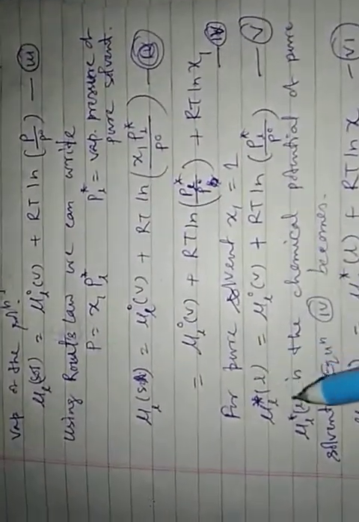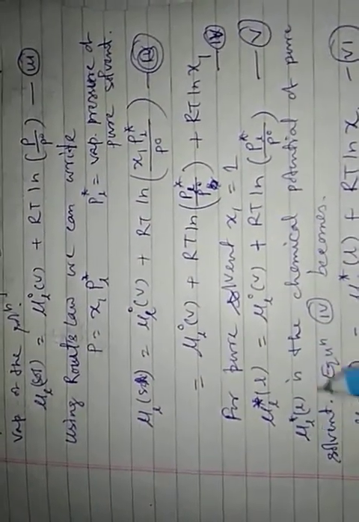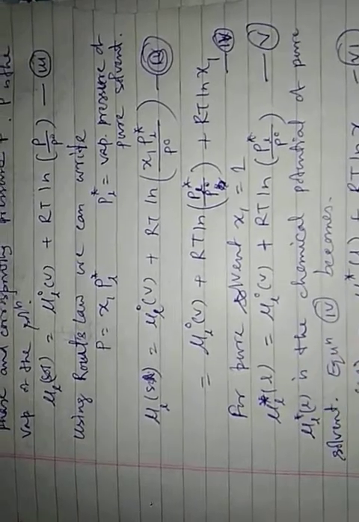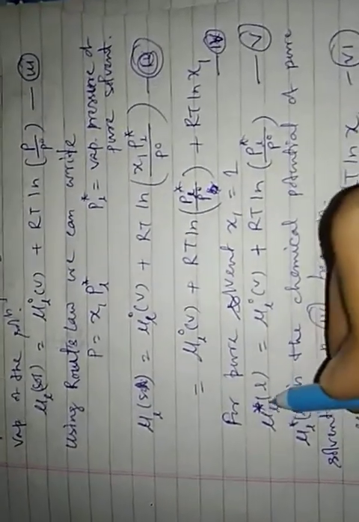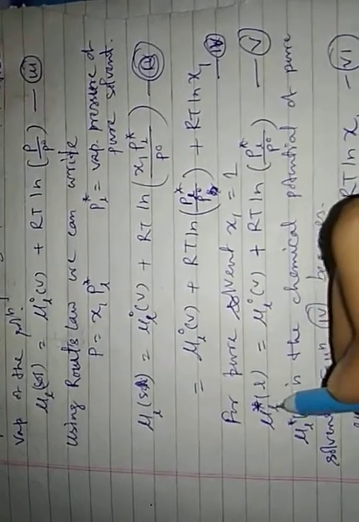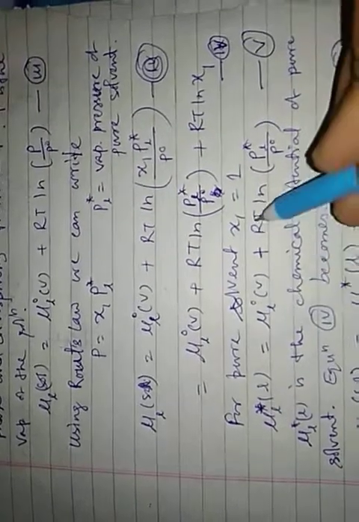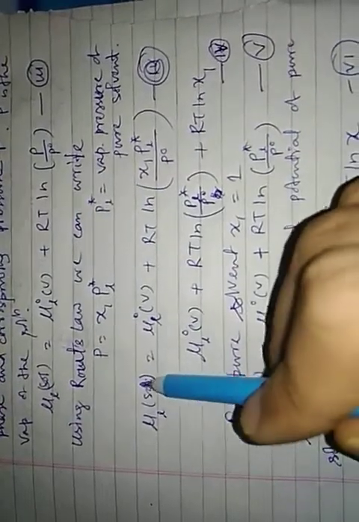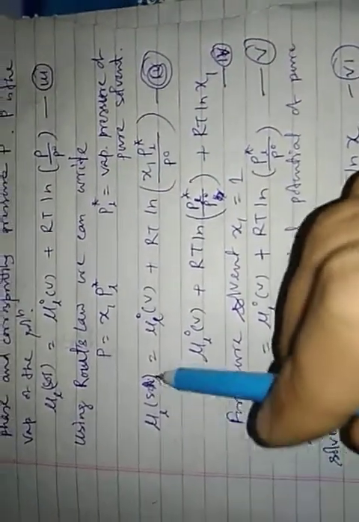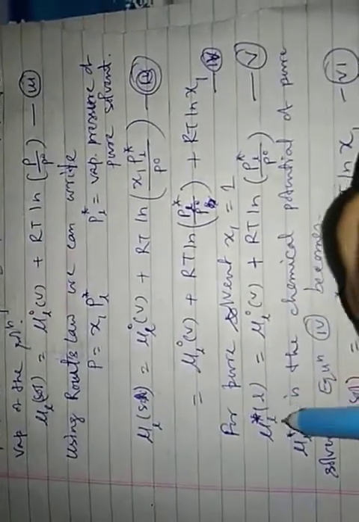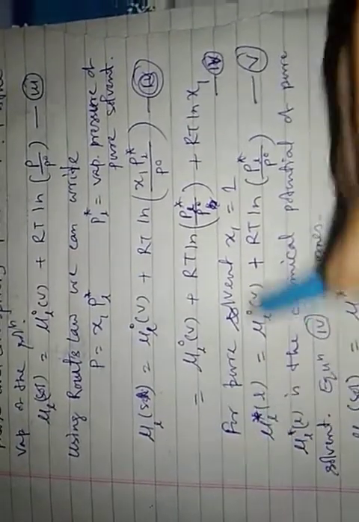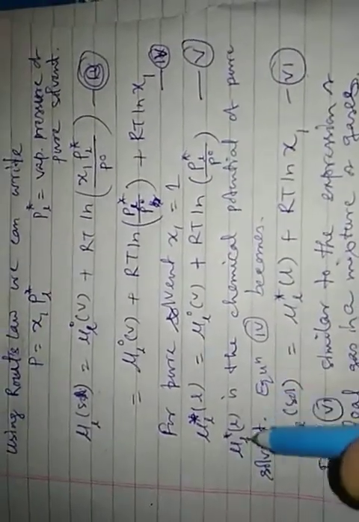And if we denote the chemical potential of the pure solvent with a star symbol, that is, in the liquid state, then for pure solvent this mu L of solution will become mu L only. That is, solution will be replaced by solvent. So mu L star is the chemical potential for pure solvent.